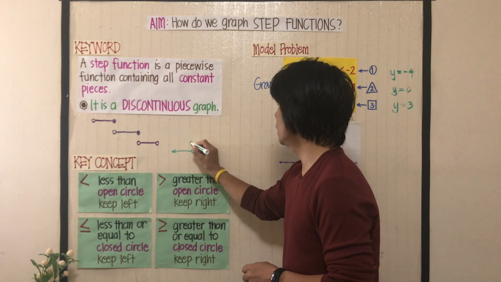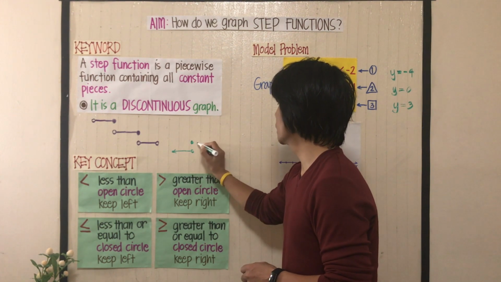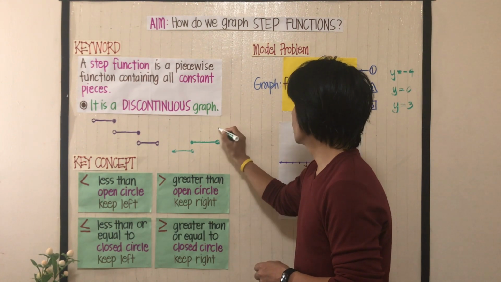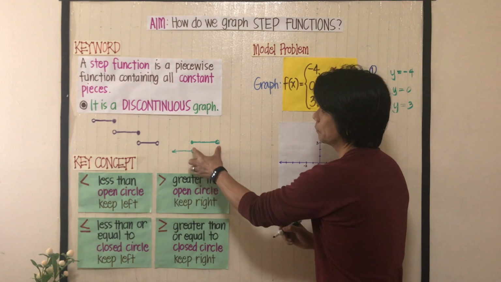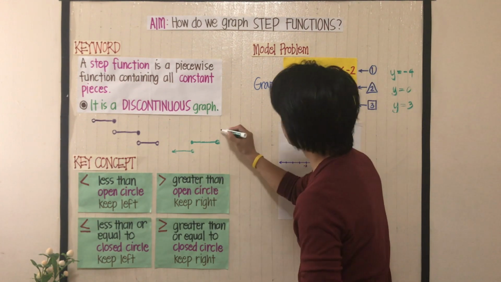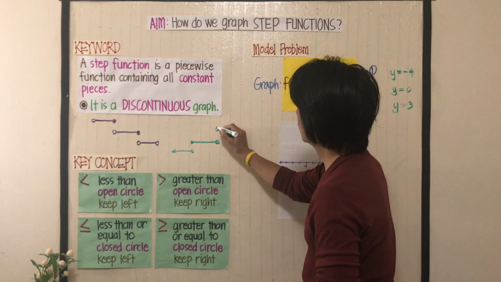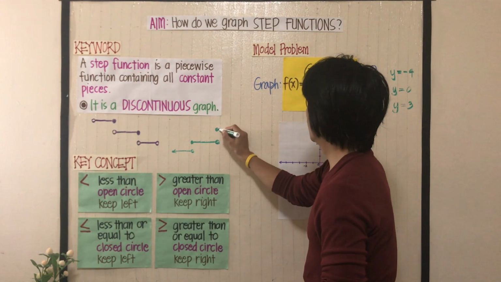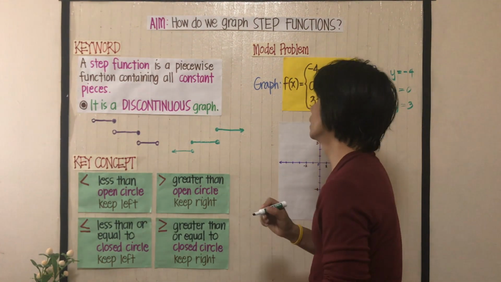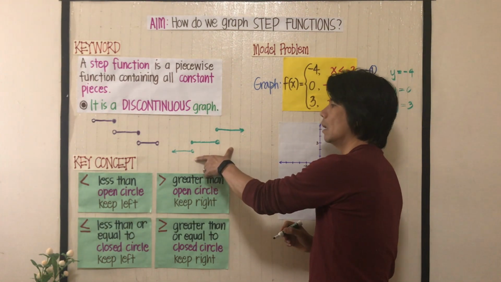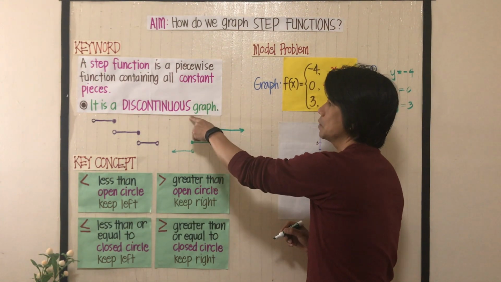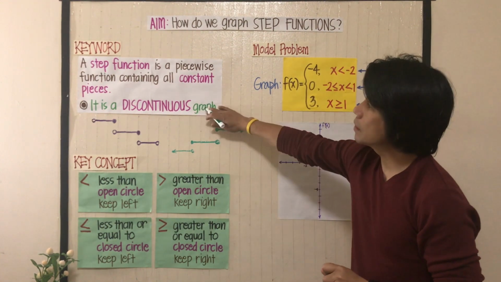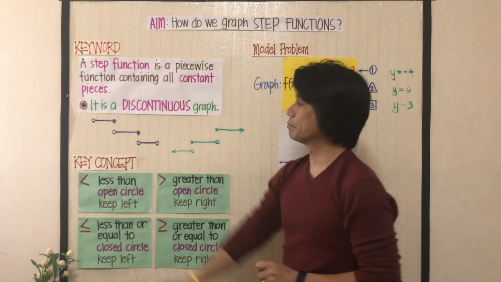Now from here, let's say this is a closed circle and an open one. So I have a line segment, another circle above here. Let's say this is a closed circle, and then an arrow. So again, this is an example of a discontinuous graph, which is a characteristic of a step function.